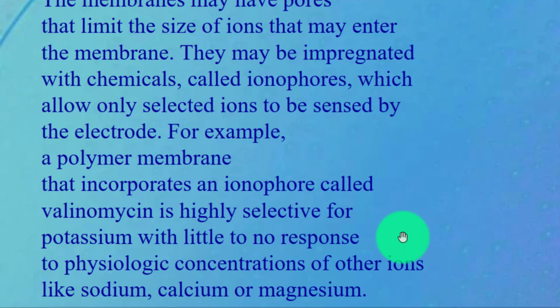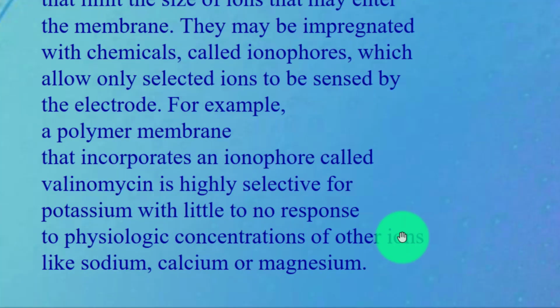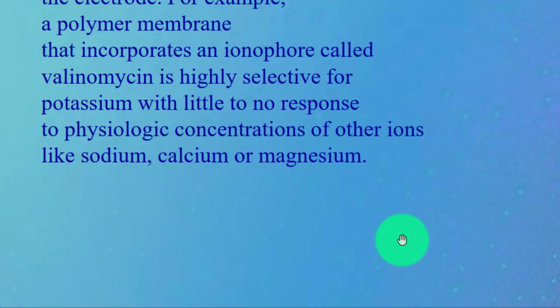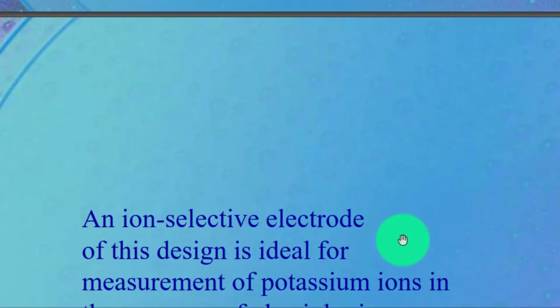They may be impregnated with chemicals called ionophores, which allow only selected ions to be sensed by the electrode. For example, a polymer membrane that incorporates an ionophore called valinomycin is highly selective for potassium with little to no response to physiological concentrations of other ions like sodium, calcium, magnesium.